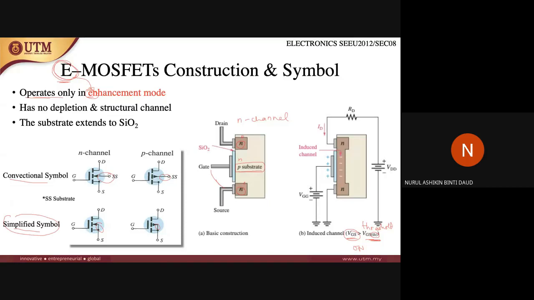So to tell the difference between N channel and P channel, look at the symbol here. If the arrow in the middle is pointed towards the gate, it is the N channel type.